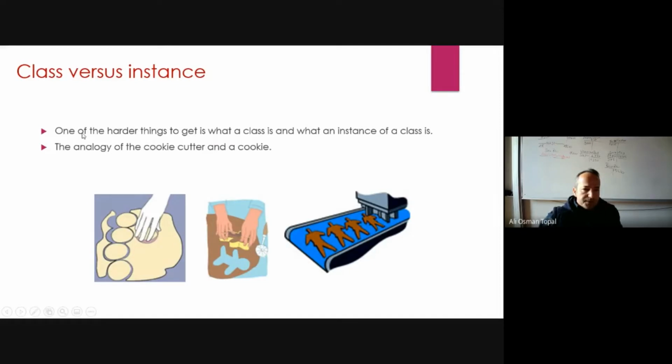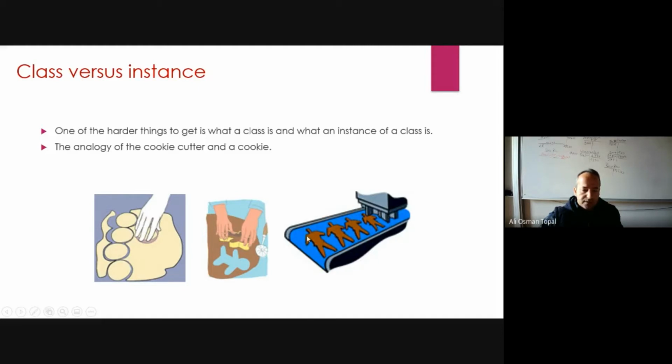So class versus instance. One of the harder things to get is what a class is and what an instance of a class is. So the analogy of the cookie cutter and cookie. So this is a class. You have the cookie cutter here. You have the blueprint. After that, you are creating instances.